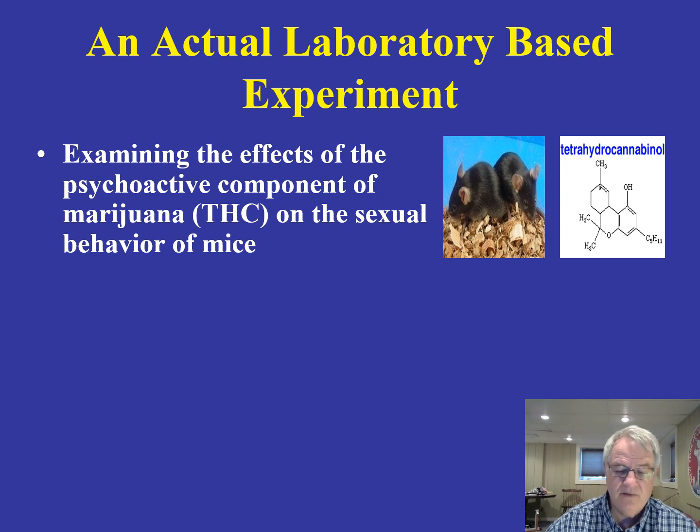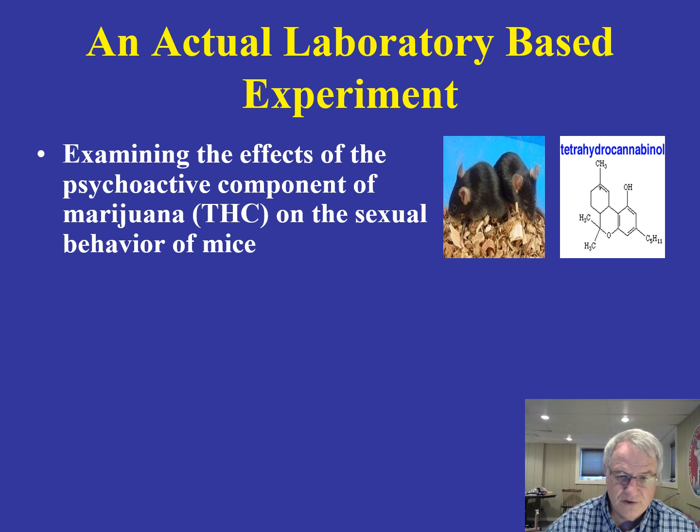And at 60 days of age, we're going to put these animals all into their own cage, again, a separate cage, and we're going to inject them with the psychoactive component of marijuana, which is called THC, at a dose that's similar to, let's say, smoking 2 joints over a 2-hour period of time in the case of a human male. And we're going to explore what happens in terms of their sexual behavior when we take a female mouse that's sexually active and place it into their cage.